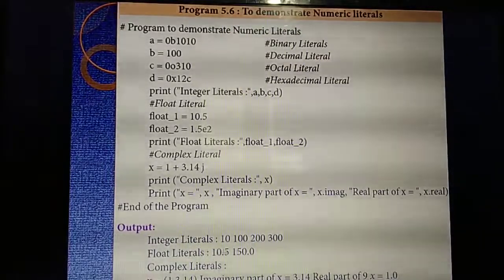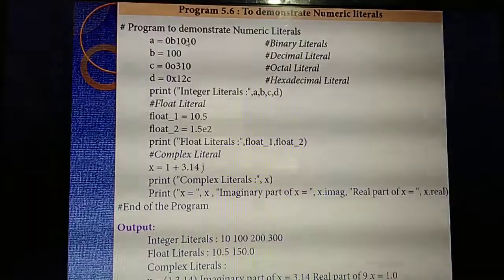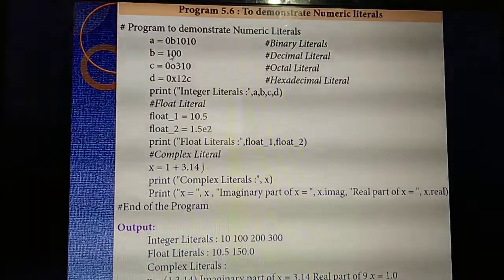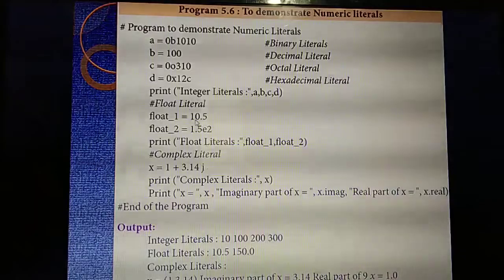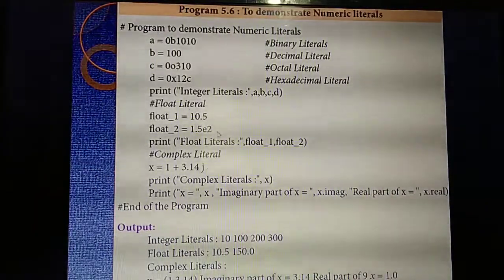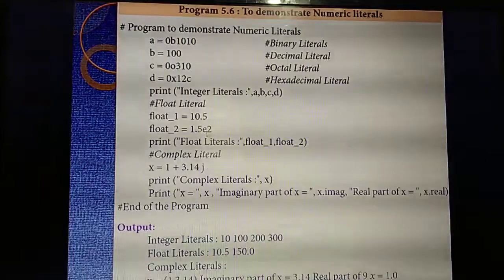So what output will you get? See, integer literals: a comma b comma c. The first ones are 10, 100, and then the others get converted into integers c and d. Then float literal: float 1 comma float 2. 10.5, and E2 means 2 zeros, that means you should shift the point 2 places. So that is 150.0.